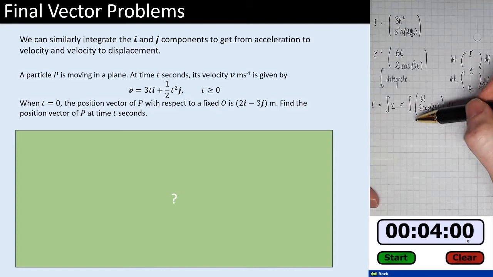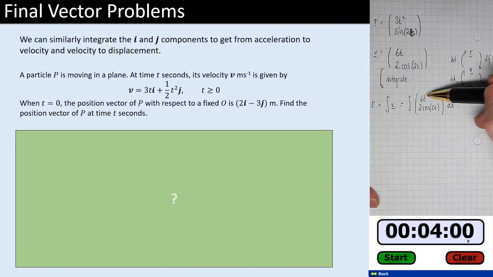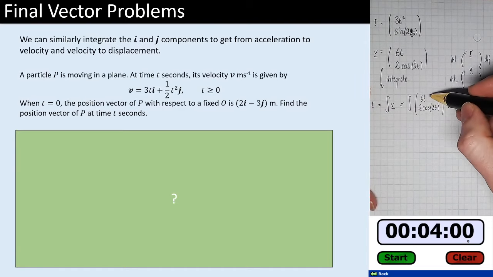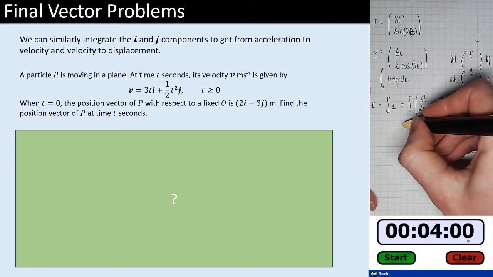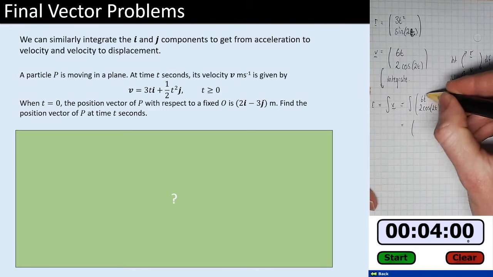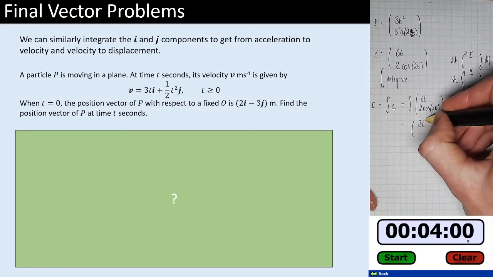And how we integrate the parts of our vector depends on the integration skills we've needed for all the integration problems we've done so far. Integrating 6t, we would just increase the power by 1 and divide by that new power, which will give us 3t squared.